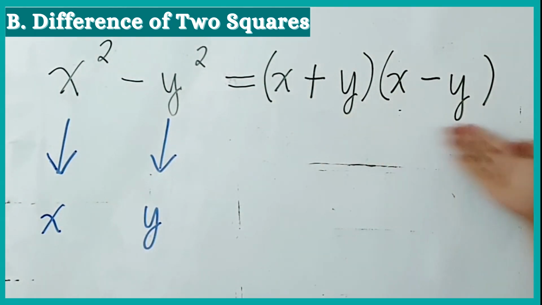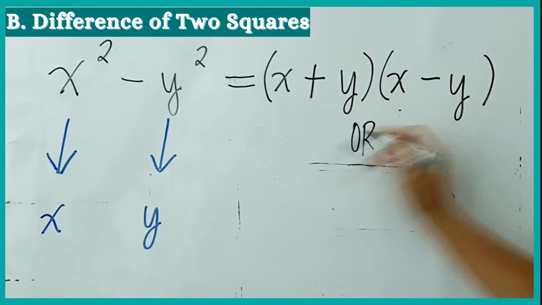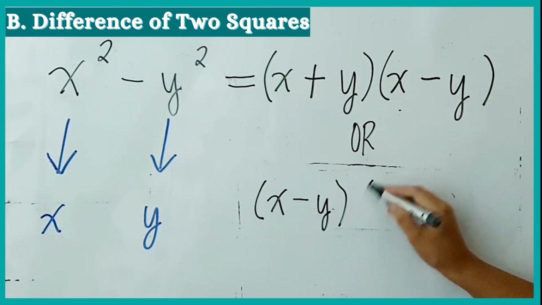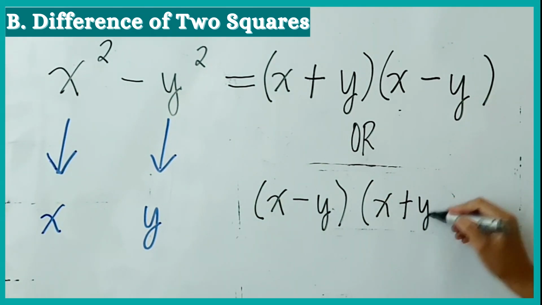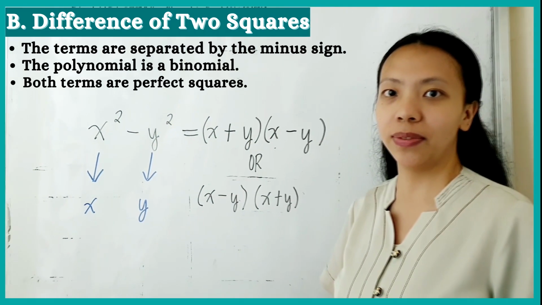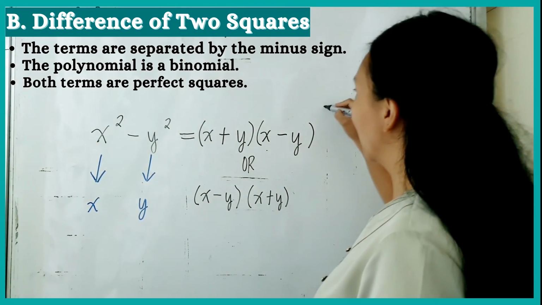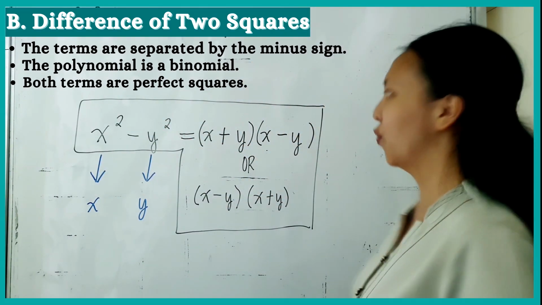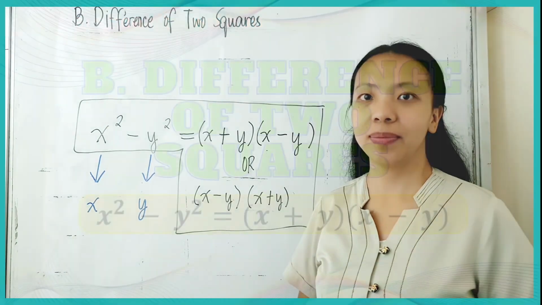We could also rewrite this as the quantity x minus y times the quantity x plus y, since multiplication is commutative. Here now is our pattern for the difference of two squares.